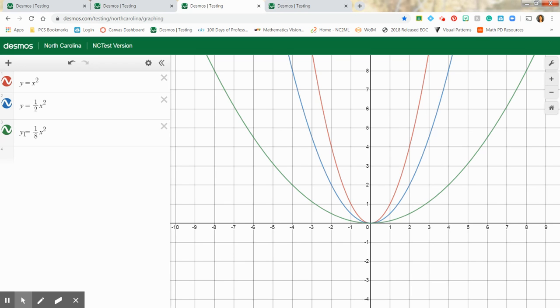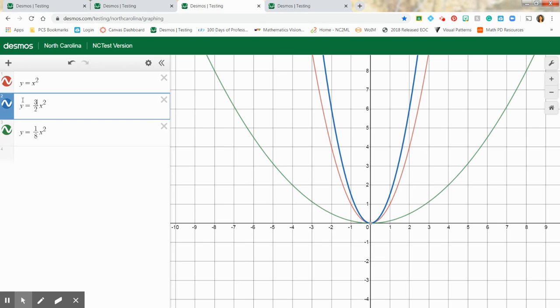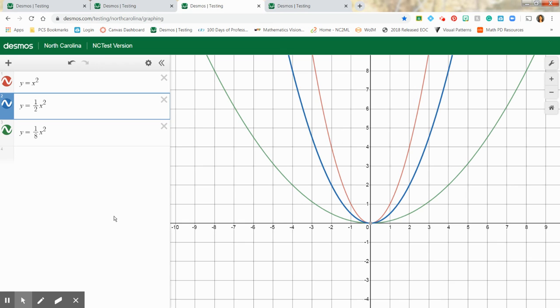Now it does have to be a fraction that is less than 1, because if I changed this to 3 halves, this is now a number that is larger than 1, and it made my graph skinnier. But if it's a fraction that is less than 1, it will make my graph wider. So the smaller the fraction, less than 1, the wider the graph.